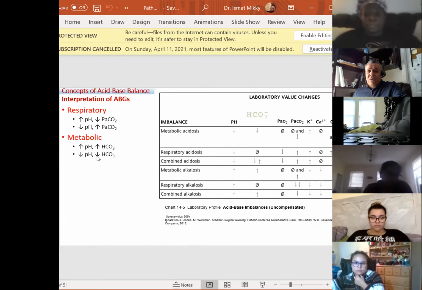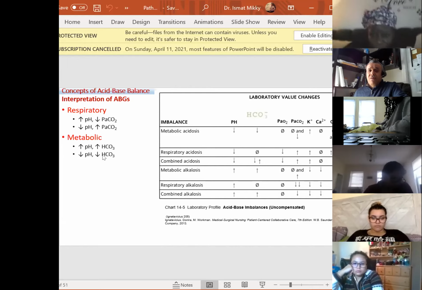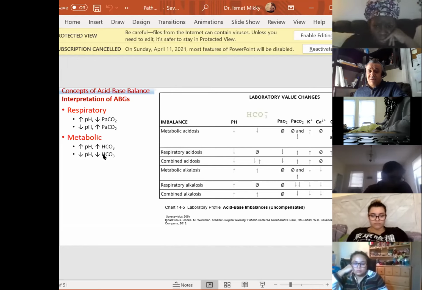They will lose bicarb, so they will retain more acid, and the pH will drop to less than 7.35. So an example of metabolic acidosis will be a patient losing fluid and electrolytes, mostly bicarb, from persistent diarrhea, and then vomiting will cause alkalosis, because they will lose acid and retain more base.